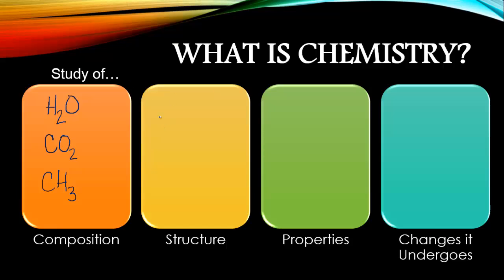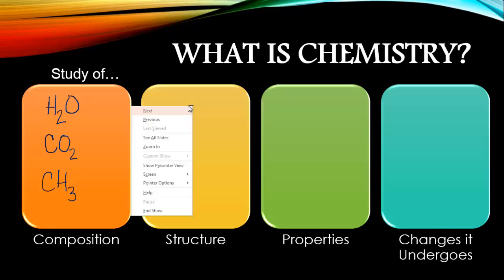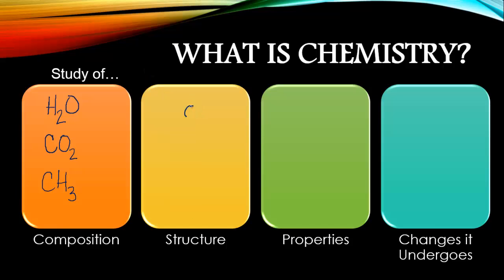So we move on to structure. Each of these, because of the different ratios of its elements and the types of elements that are bonding, will have different structures. So water, we know, has oxygen with 2 hydrogens, our Mickey Mouse. And then we have carbon dioxide.